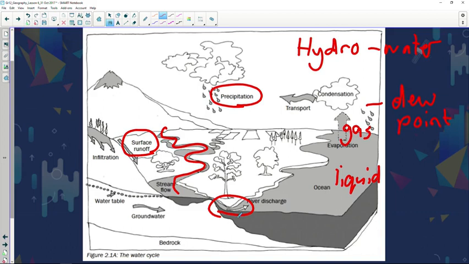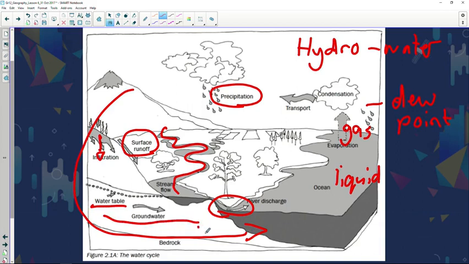Or another form how the water can move all the way back into the ocean is indirect runoff. When the water infiltrates, it eventually goes through to our water table and again is transported through groundwater, and that's base flow back into our oceans.